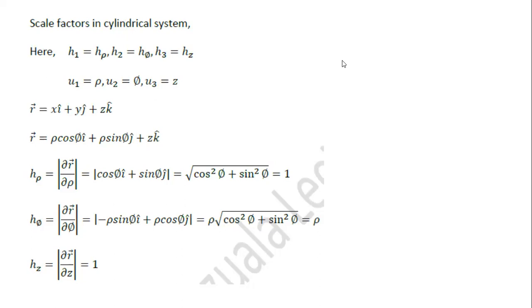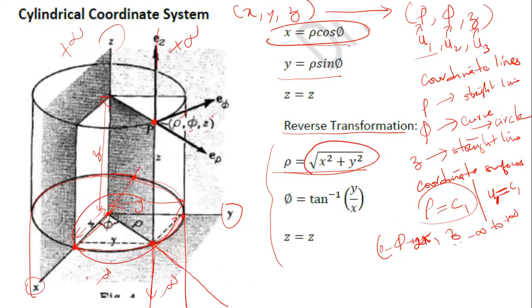Okay, let's start. In our last lecture, we introduced the cylindrical coordinate system. Here we talk about the coordinate variables. The coordinate variable corresponding to u1 is rho, another is phi, and another is z.